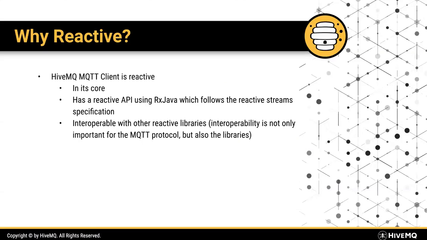And the reactive library we are using in the HiveMQ MQTT client follows a standard: the reactive streams standard. So you have interoperability on the MQTT layer, and interoperability on the library layer.